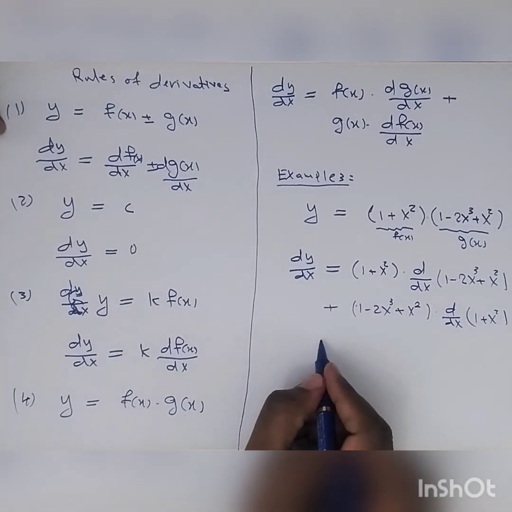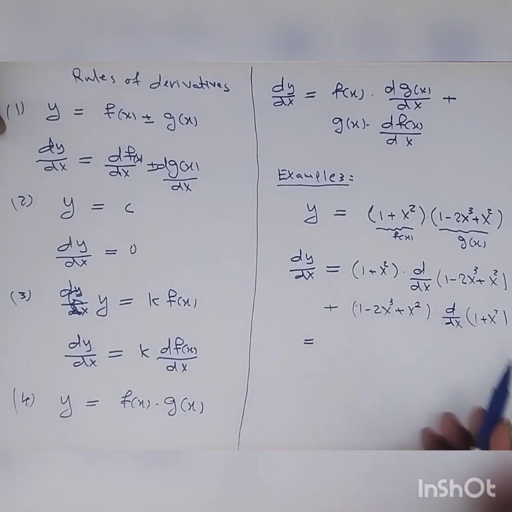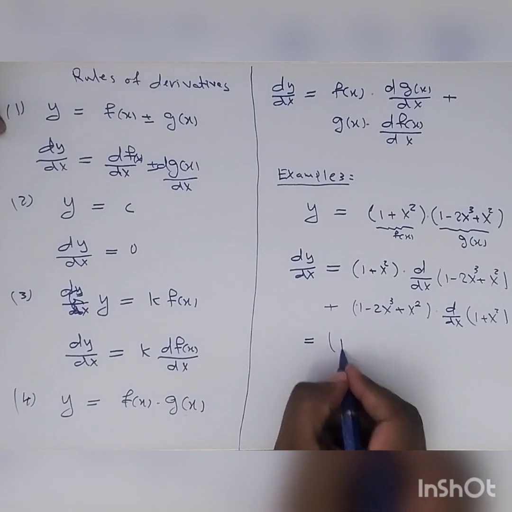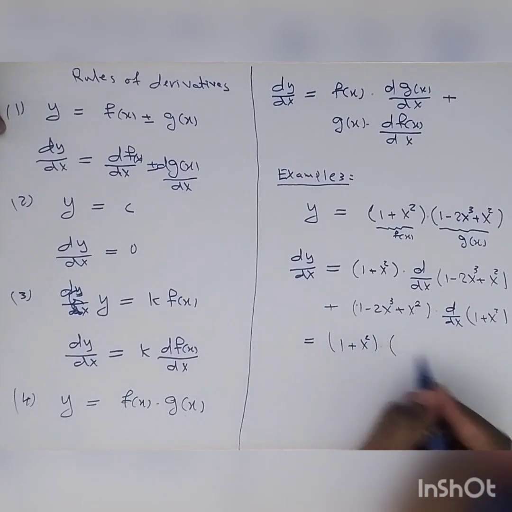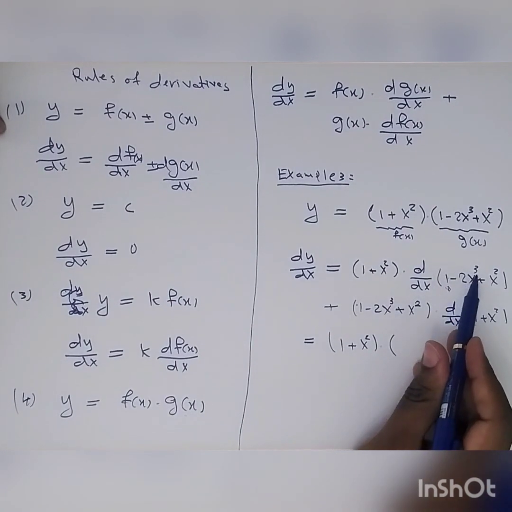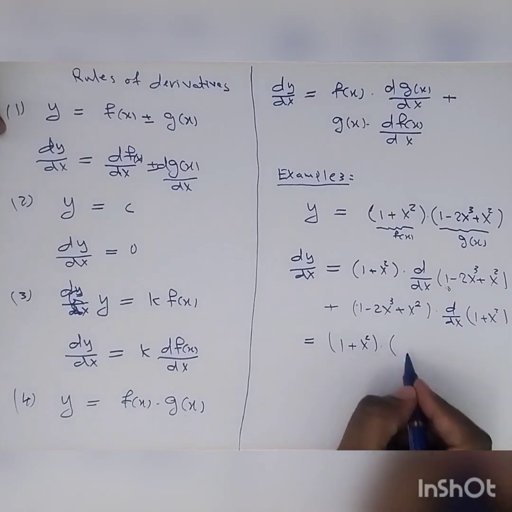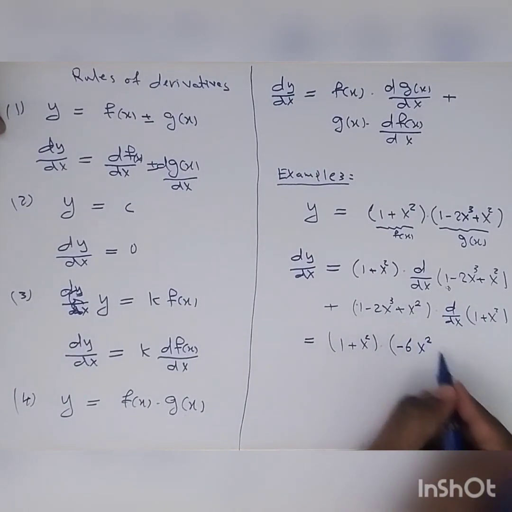Okay, so now let us continue, and now we take the derivative of those two functions. So we have 1 plus x squared, and then we multiply by the derivative. The derivative of a constant is 0. Now here we multiply 3 by -2, we get -6, and we subtract 1, so we get x to the power 2 here.